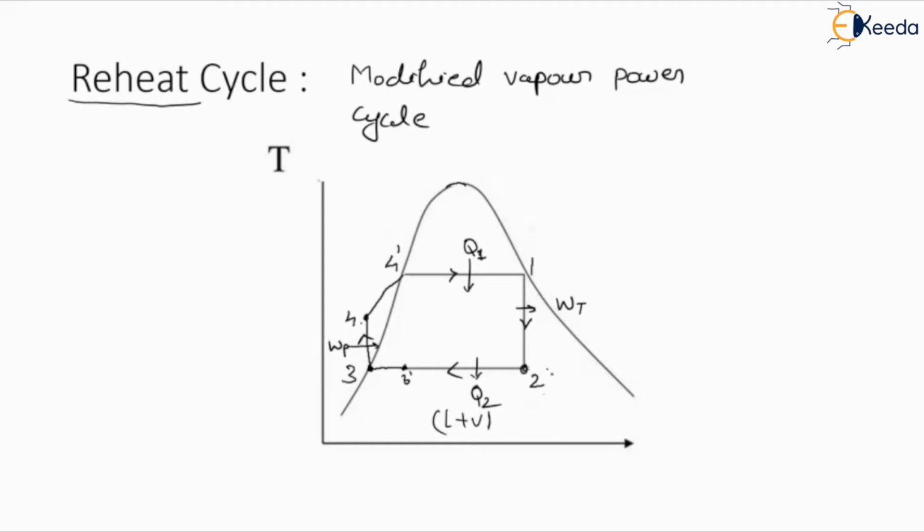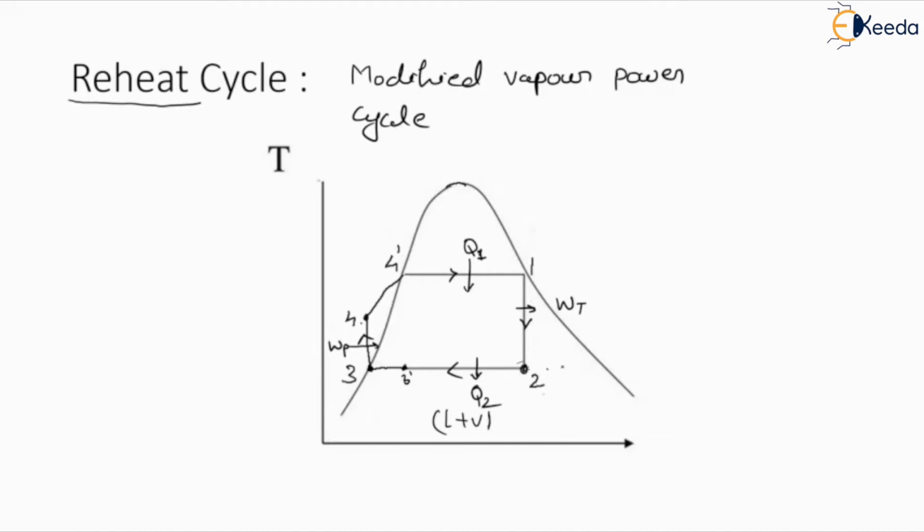It can cause corrosion, and it can leave solid particles or scale behind that can get stuck, and the solid particles are not easy to remove. The moisture content will be higher at this condition when the remaining steam is leaving point 2, and it can cause many types of disadvantages.